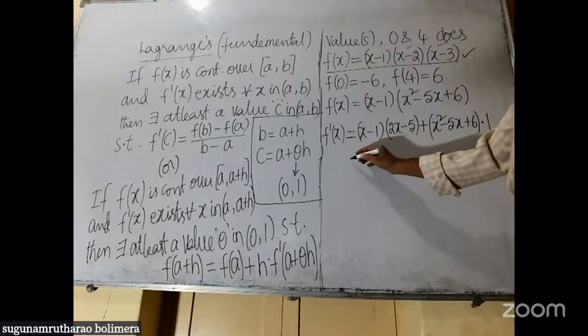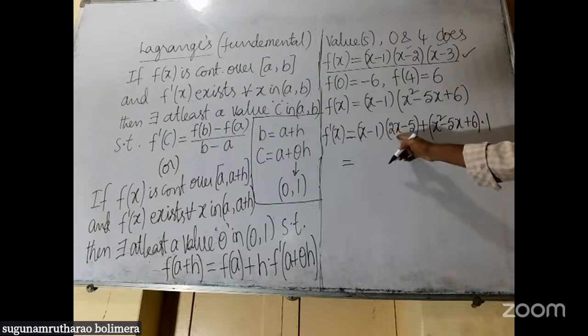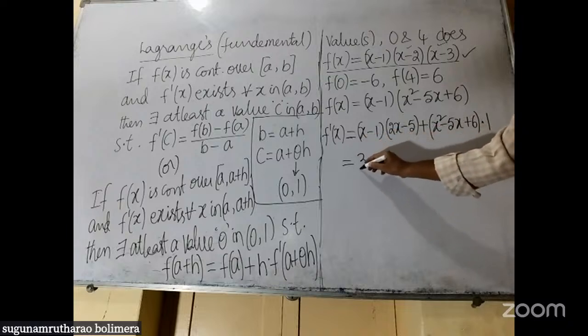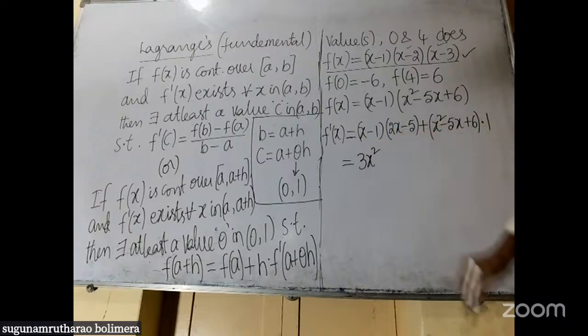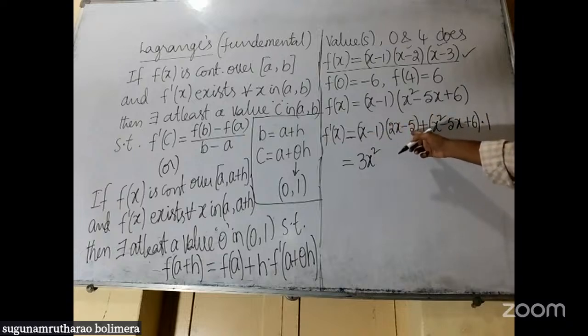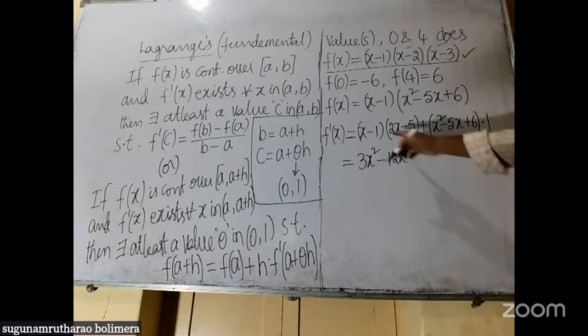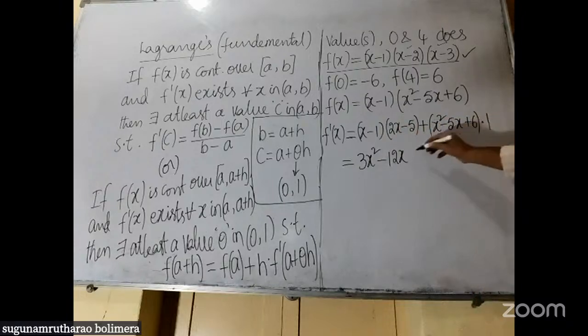So this equals 2x squared plus x squared, 3x squared, minus 2x minus 5x minus 7x minus 5x, minus 12x, plus 5 plus 6, plus 11.